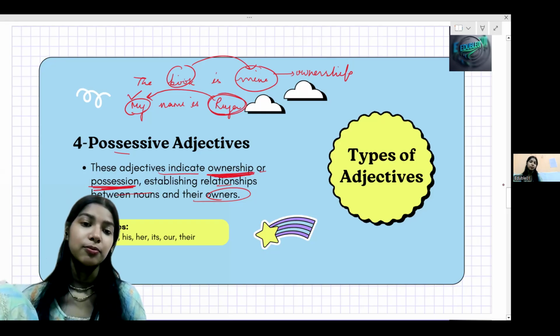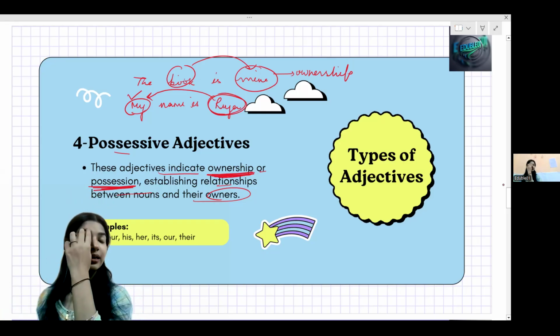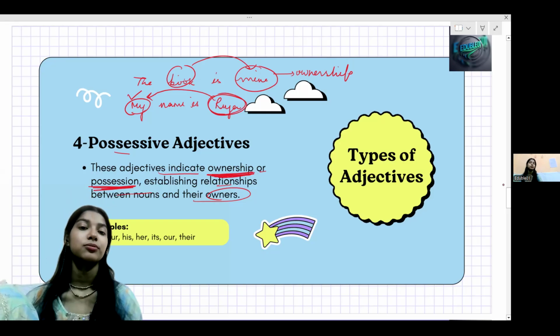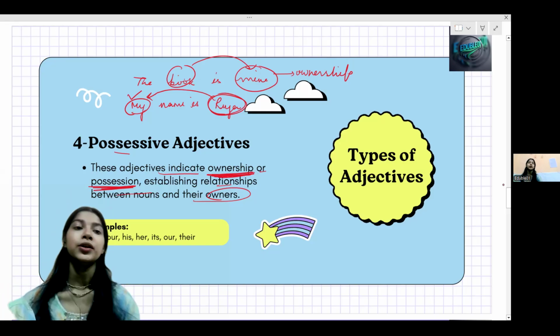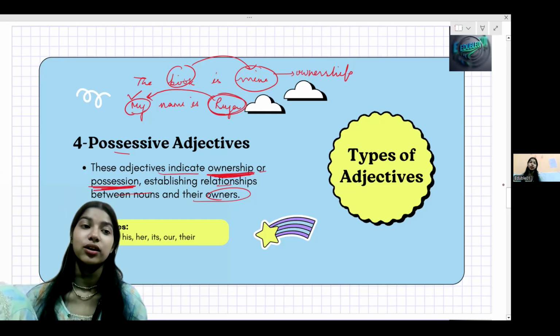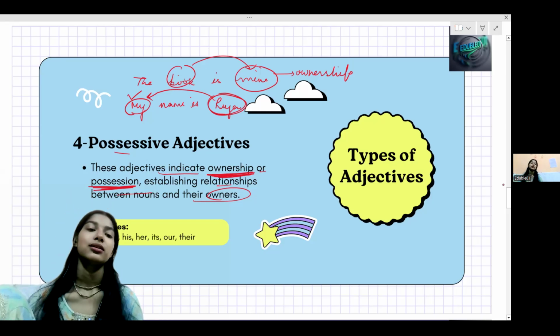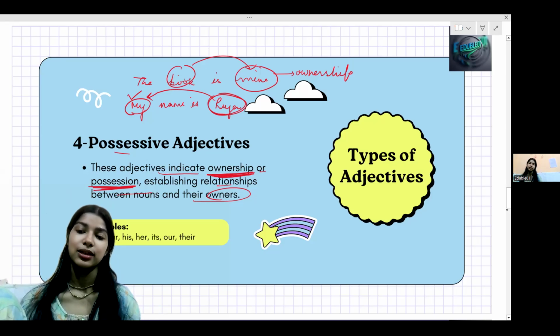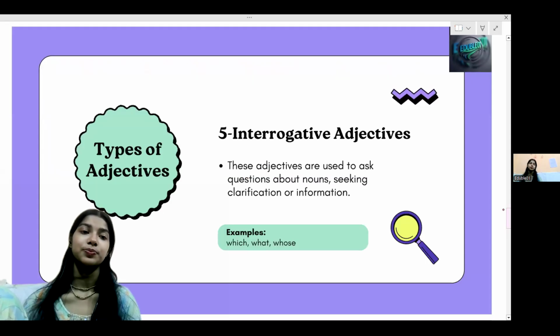The nouns are book and Ria. So these are telling us the ownership relation between the noun and the owner. So those adjectives which tell about the relationship between a noun and the owner, that is possessive adjective. Basically, it tells about the ownership.